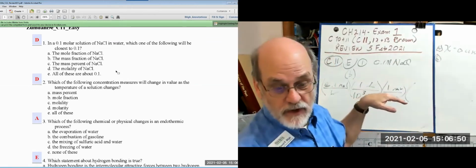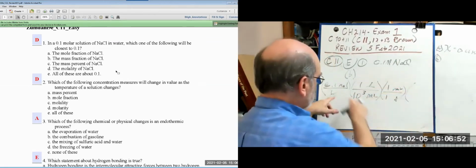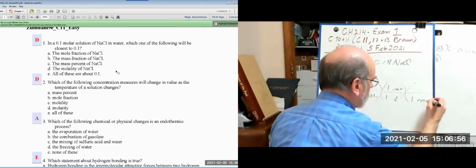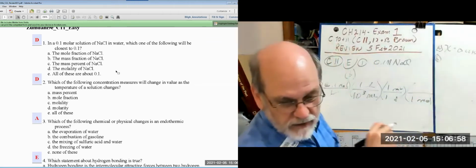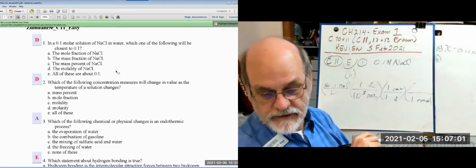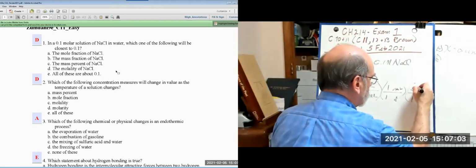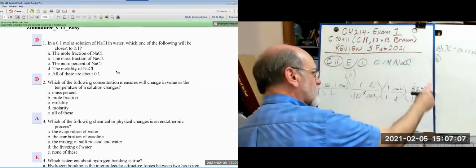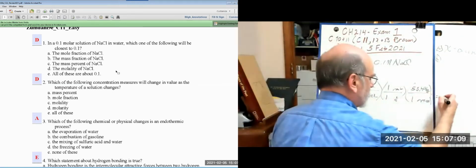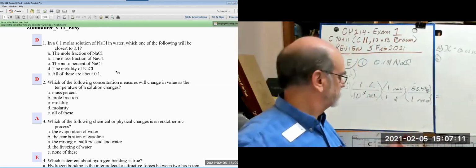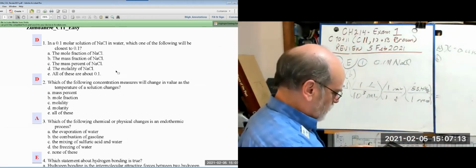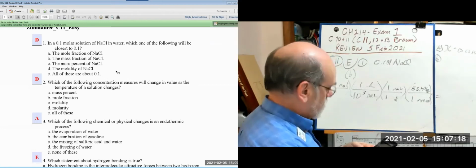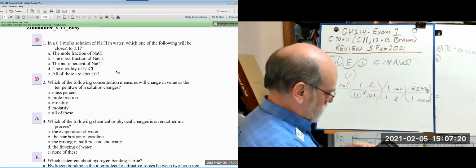Now we need grams of sodium chloride, right? So 0.1 mole, for 1 mole sodium chloride, the molar mass is 58.44. So now we have grams of sodium chloride per gram of solution. That's what we want. So it's 0.1 and 1,000 and 1 and then 58.44 times.